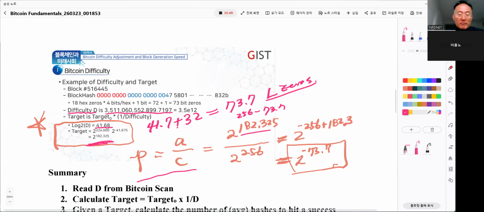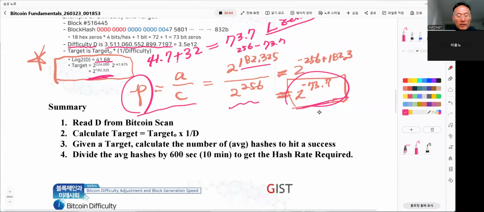That is the size of set A, and that divided by the total set size becomes this, and then this becomes the P. So this is P. You can take a look at it.